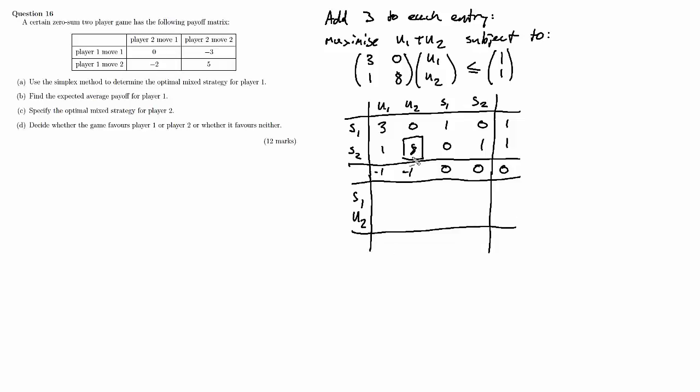We're going to make this pivot into a 1 by dividing everything by 8. So 1 on 8, 1, 0, 1 on 8, and 1 on 8. And then we want to make everything else in this column a 0. This was already a 0, so nothing has to be changed.